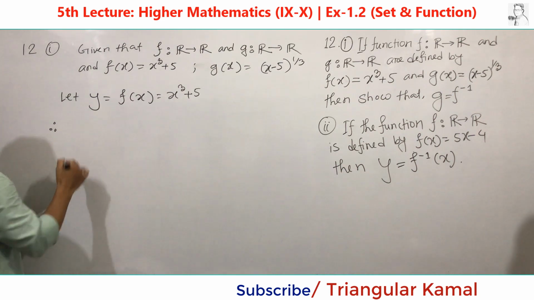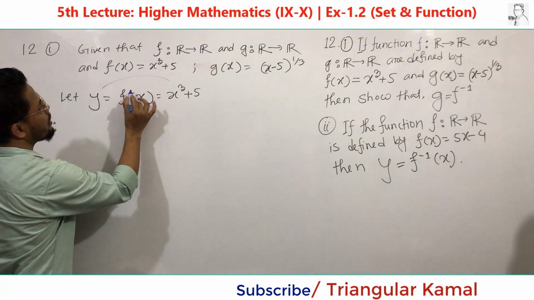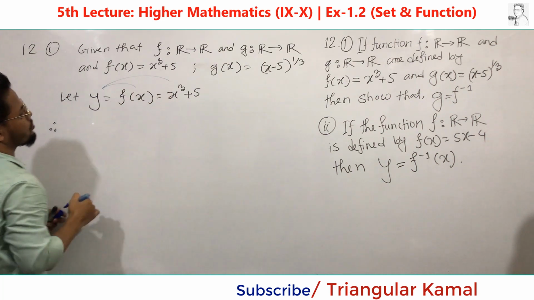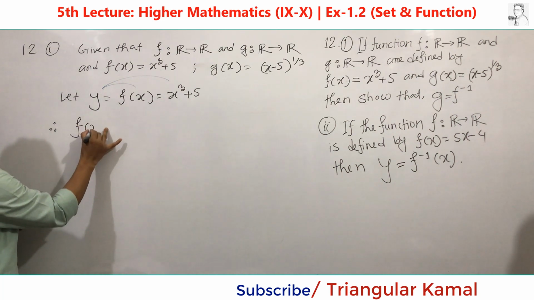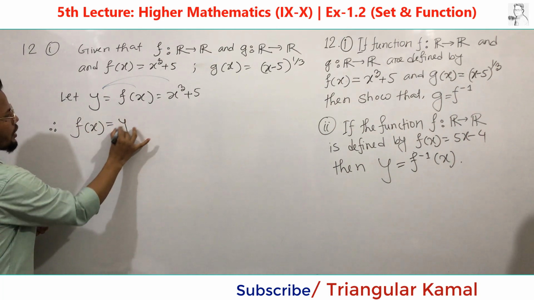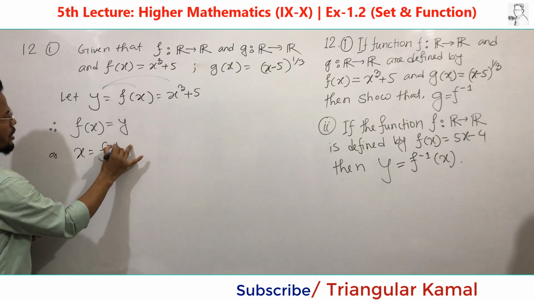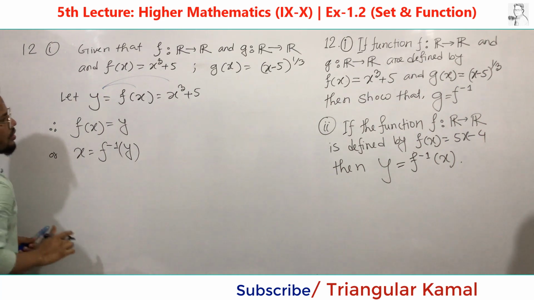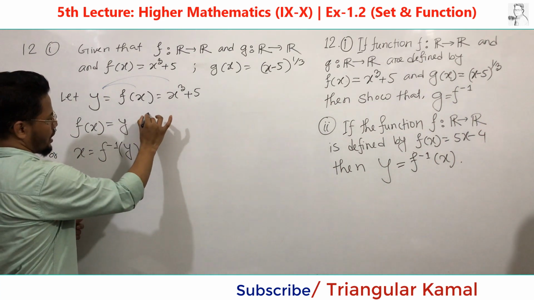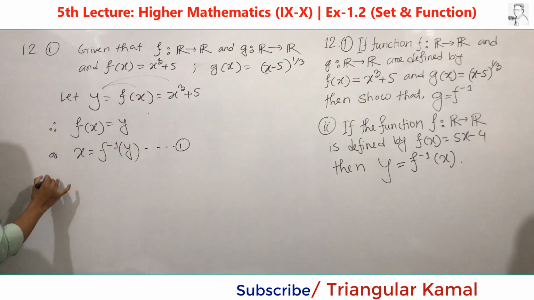So from here we can write two different equations. First, we can write f of x equal y, or x will be f inverse y. This is equation number 1.